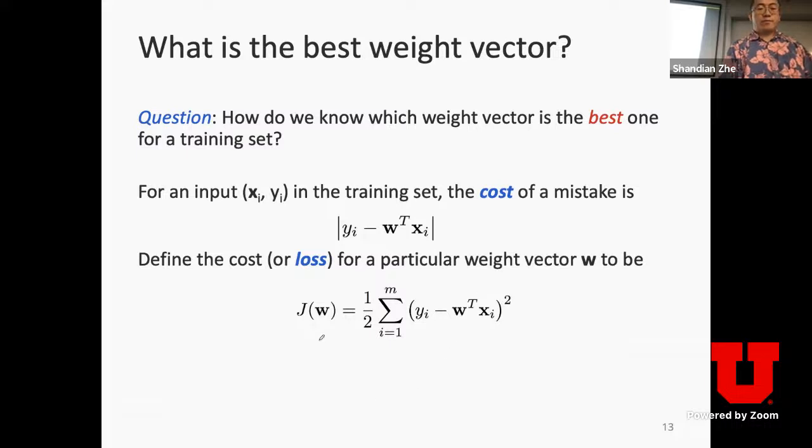We use this as a measurement to quantify whether your linear regressor is good or not. It's just for convenience to calculate the gradient.